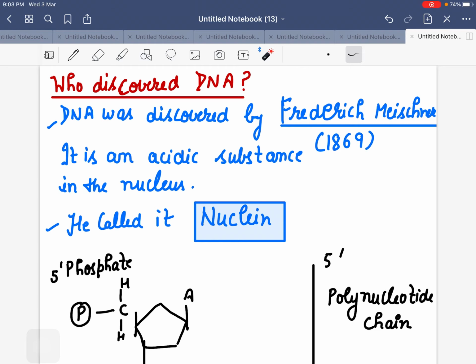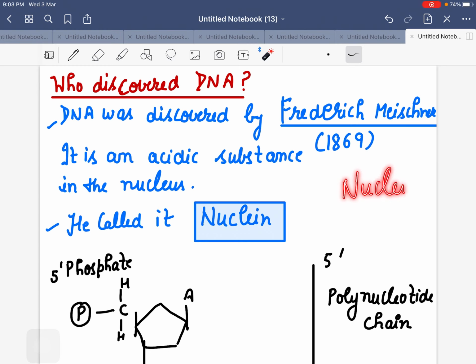He was the scientist who said that something acidic is present in the nucleus. At that time he did not know about DNA. He gave us the term nuclein.